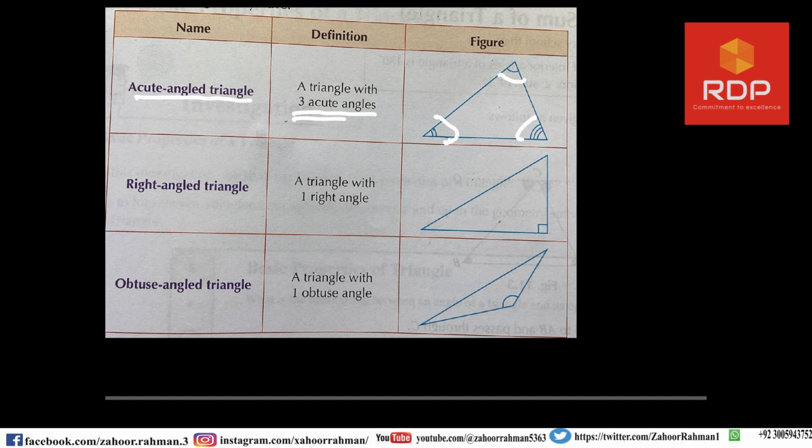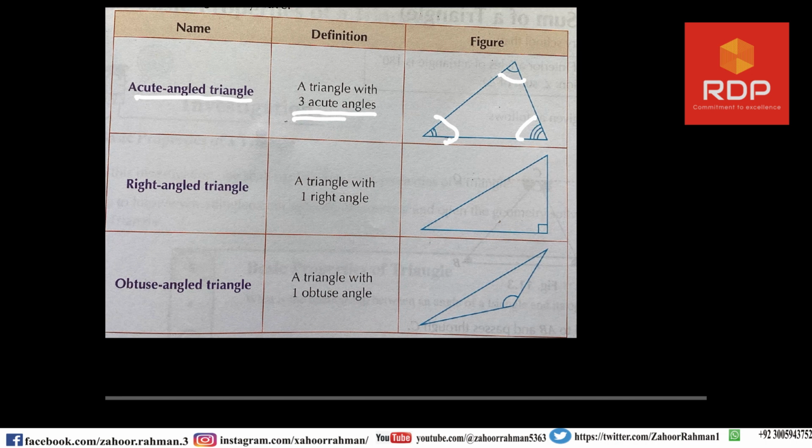So they are called acute, and because all the angles are less than 90, on the basis of that we are calling it an acute angle triangle.